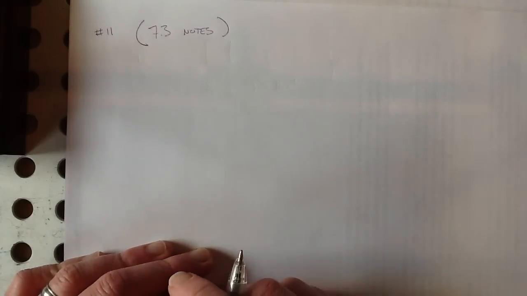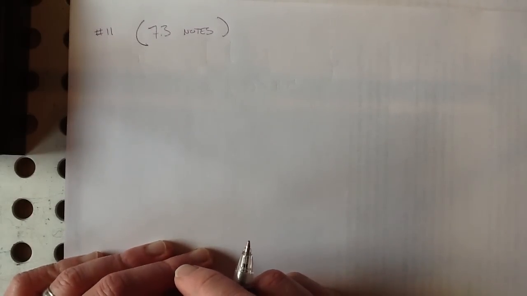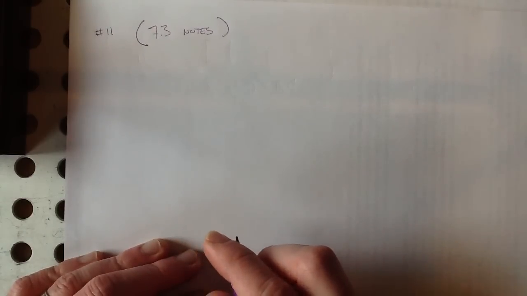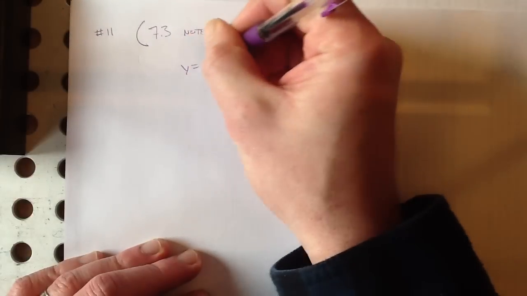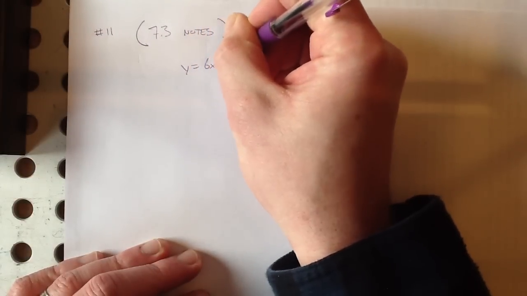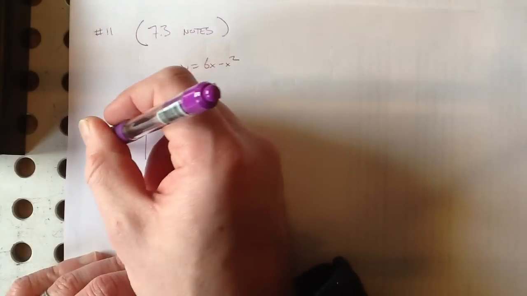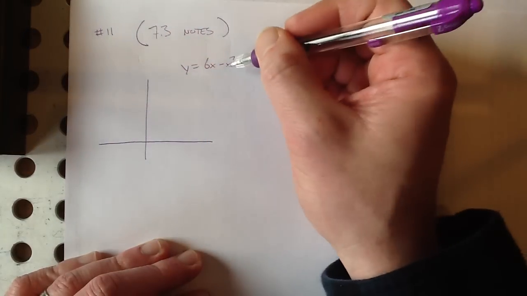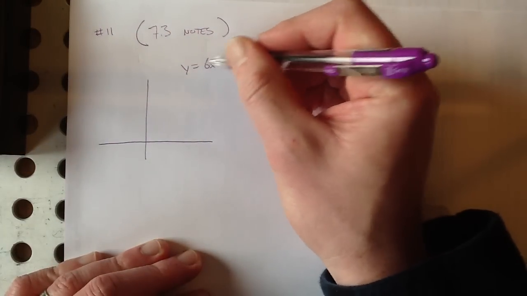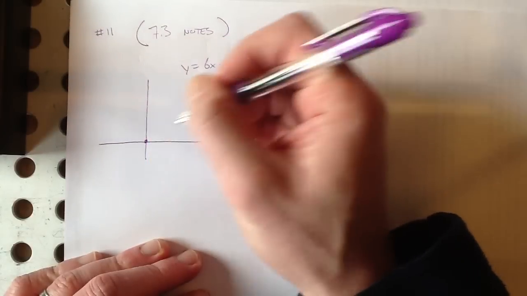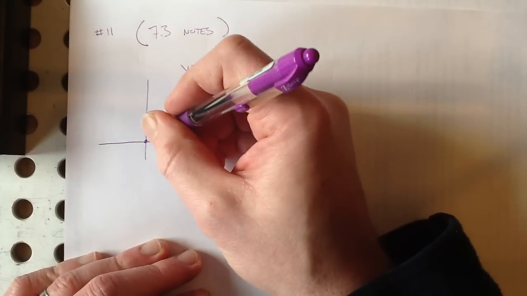Number 11 says the region of the first quadrant between the x-axis, the graph of y equals 6x minus x squared, is rotated around the y-axis. Let's see what that looks like. The intercepts of this are 0 and 6.